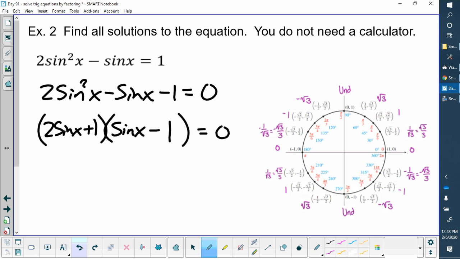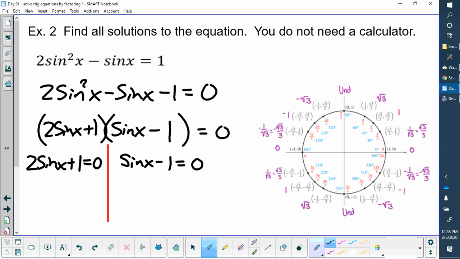Once I get to this point, I'm going to turn this into 2 equations. When does 2 sine of x plus 1 equal 0? And when does sine of x minus 1 equal 0? Because again, my goal is what x values would turn everything to 0.